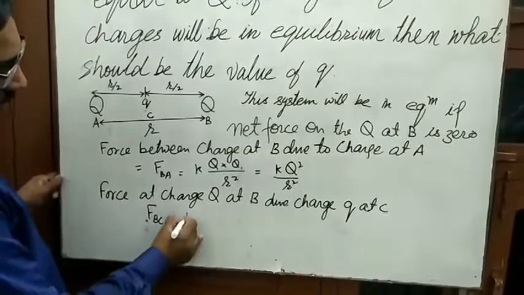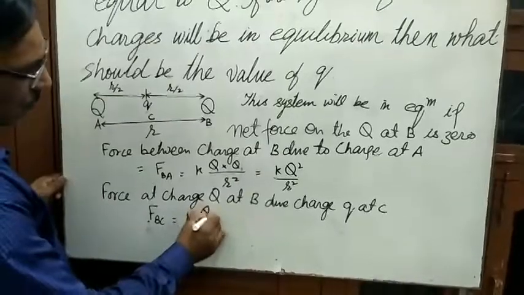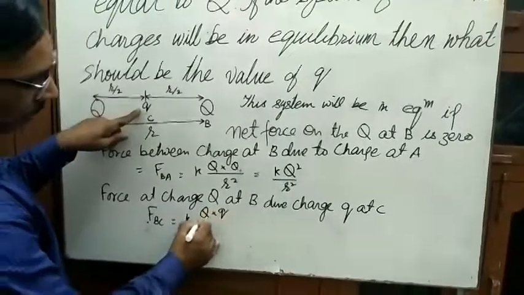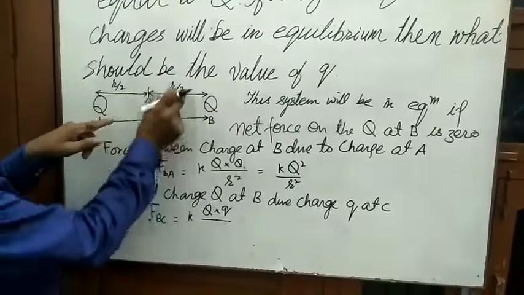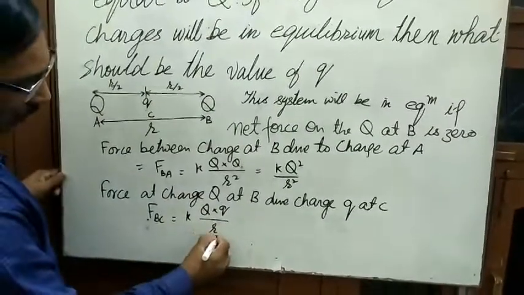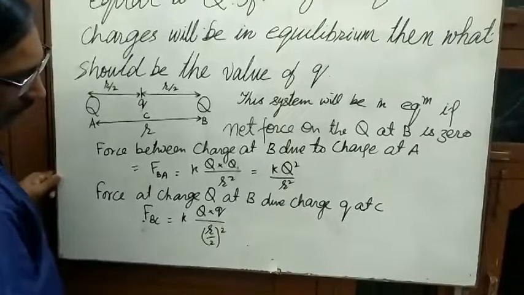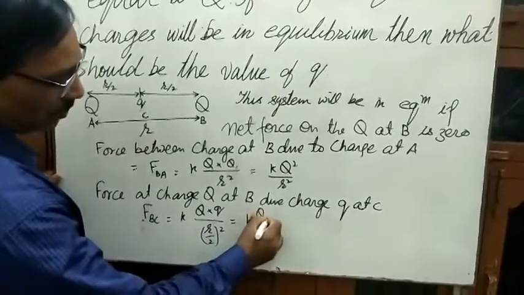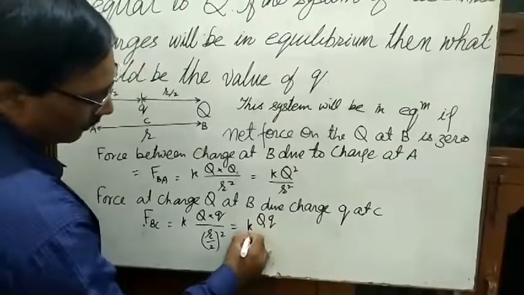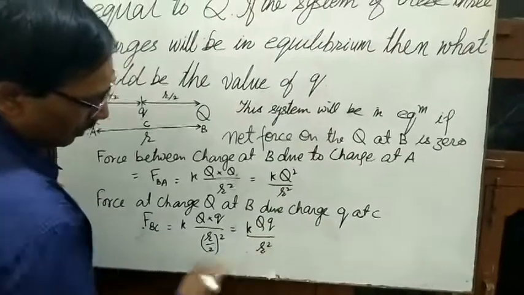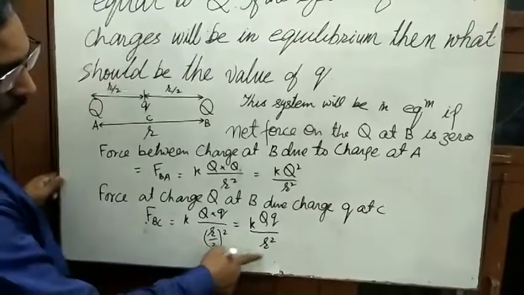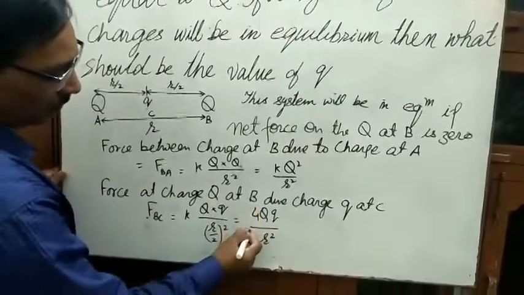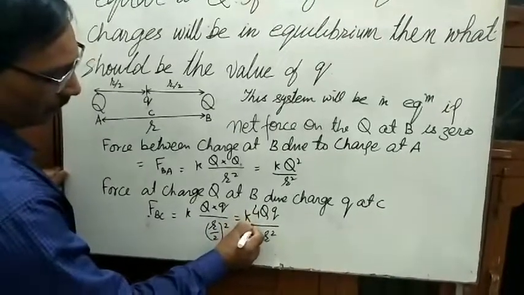FBC is equal to K, Q, and now this charge is small q, and the distance between small q and capital Q is R by 2. R by 2 square. It will come equal to K Q q by R square by 4, so 4 will come here. So 4 times K Q q by R square.